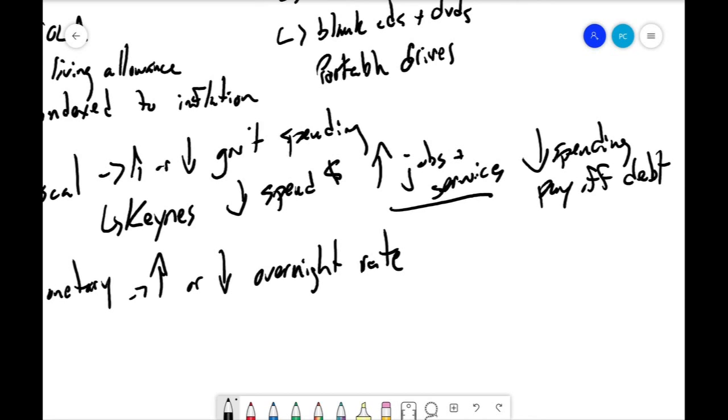Usually, increases in government spending happen, and sometimes when they do have a big surplus, they do spend it. And then when they don't have that capacity for spending, they put in austerity. So a lot of the time, they're doing the opposite of what this theory says. Now, this doesn't mean this theory is right or wrong.